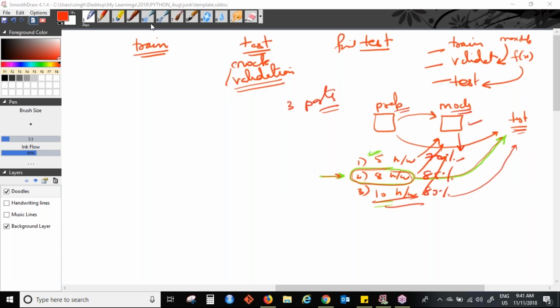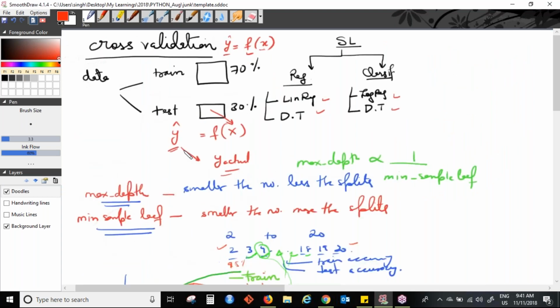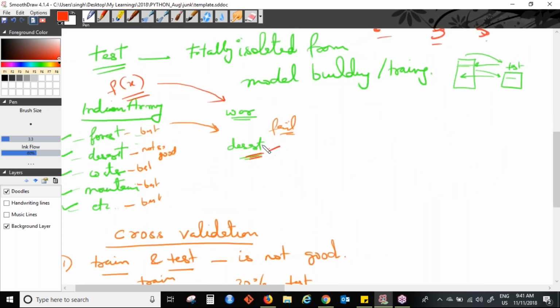So coming to the Indian Army example, just looking at the performance of the army on the desert, you cannot say that your army is good or your army is bad, because this is just one terrain. Let's say this is a mock war. Just looking at how your army performs on one terrain, you cannot say that your army is good or bad.